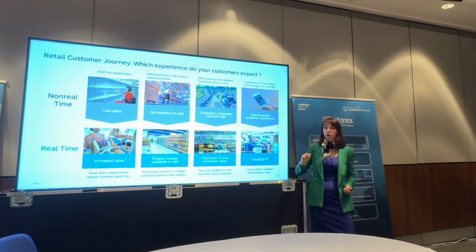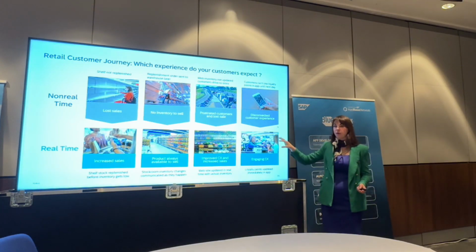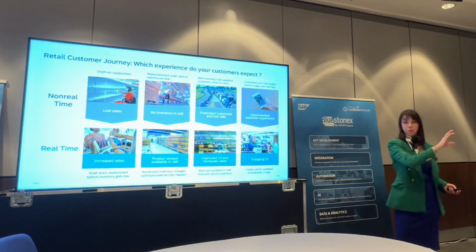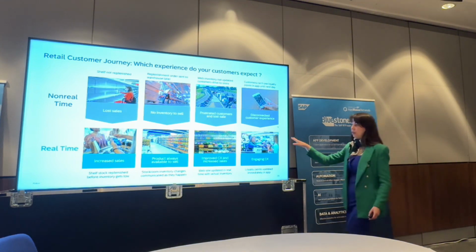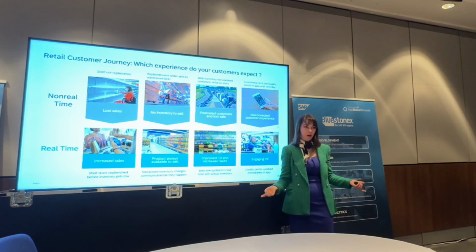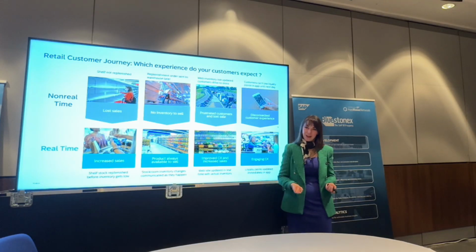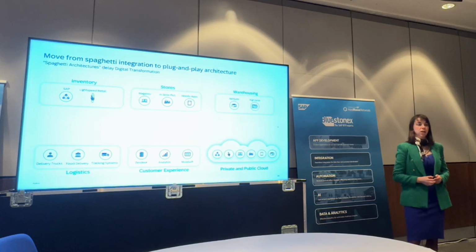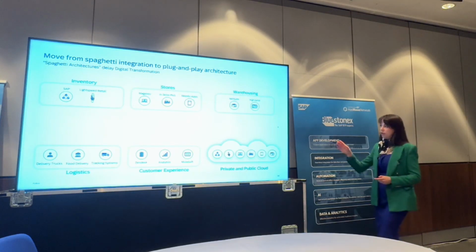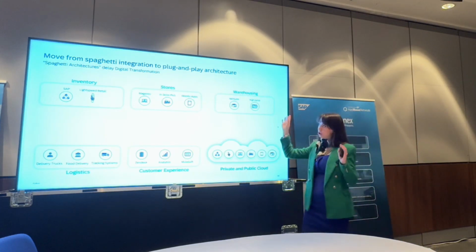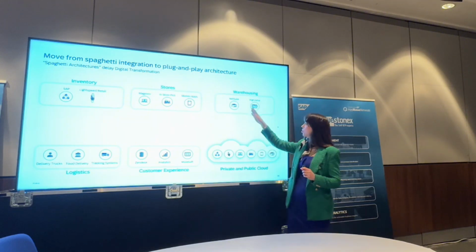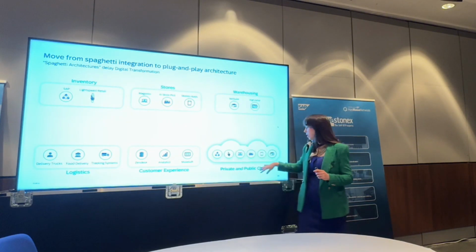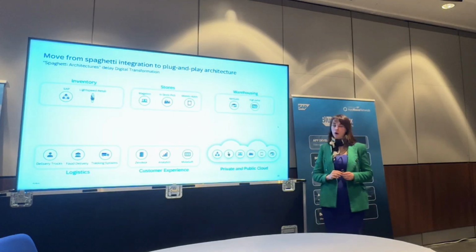For example, if you have a loyalty application, when the customer buys something, the loyalty points are immediately there. All of this is real time. And what's behind it? Obviously, some integrations. And this is what you actually can do with SAP Advanced Event Mesh. So think about this as a typical landscape with inventory, stores, warehousing, logistics, customer experience, and obviously some kind of public and private cloud.